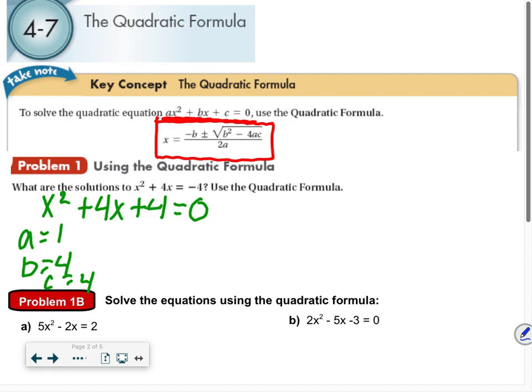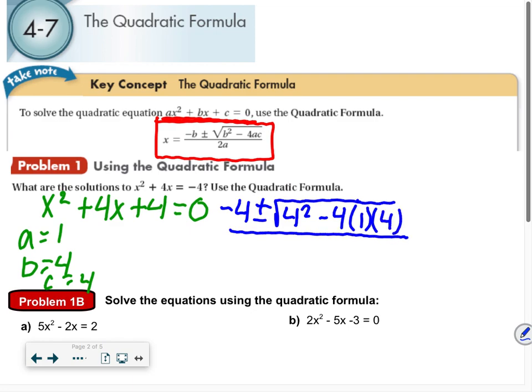So our negative b becomes negative 4 plus or minus the square root of b squared, so 4 squared, minus 4 times a, which is 1, times c, which is 4, and all of that divided by 2 times a, which is 1.